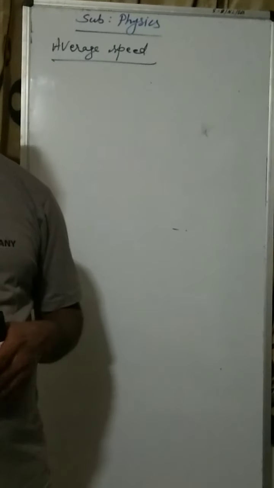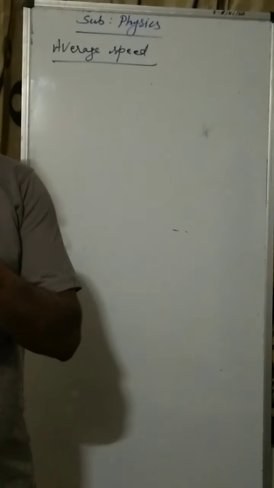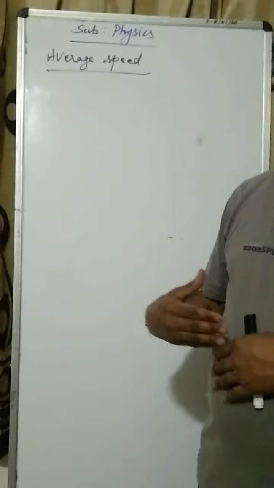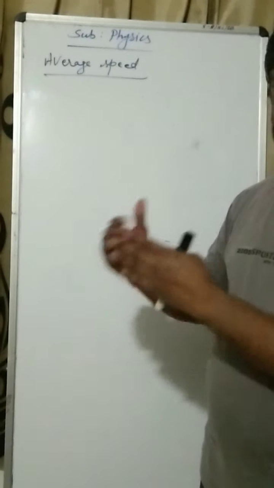Now the next topic comes: average speed. Why do we use average speed? You can see this common point. Whenever any vehicle starts, at the beginning zero speed is there. Then it starts to cover distances.